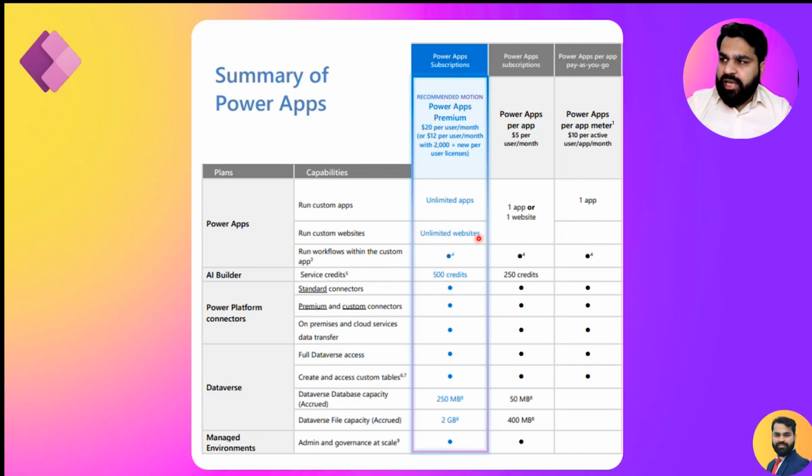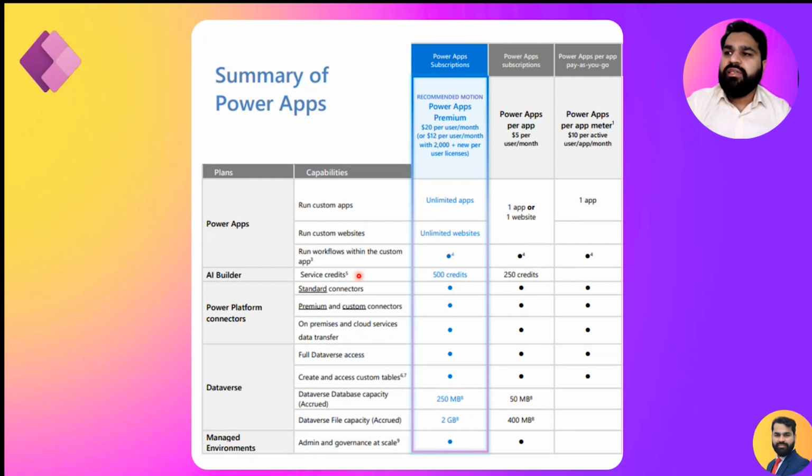However, these can be accessed by multiple users, because these are internal users basically. Now, AI Builder is a capability provided by Microsoft which has a lot of AI capabilities, for example, AI prompts, document intelligence, and getting text from images.